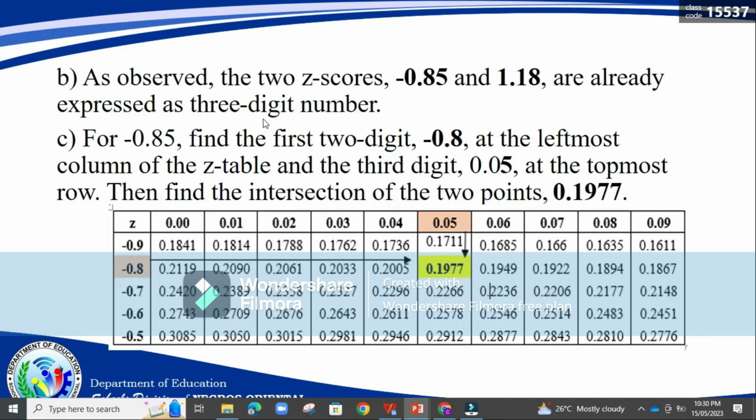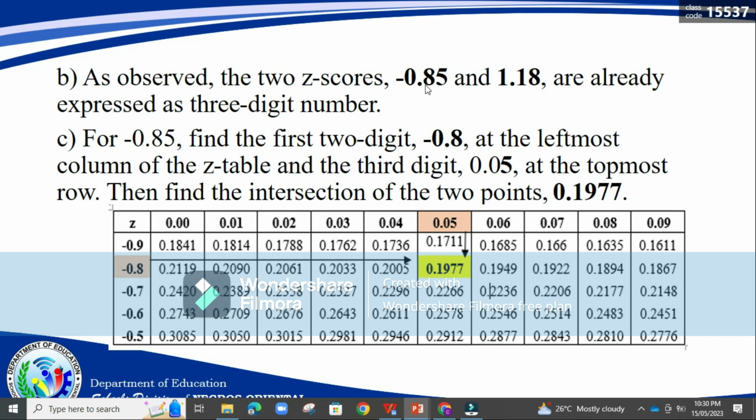As observed, the 2 Z scores, negative 0.85 and 1.18, are already expressed as 3-digit numbers. For negative 0.85, find the first 2 digits, negative 0.8. You look at the leftmost column for negative 0.8.